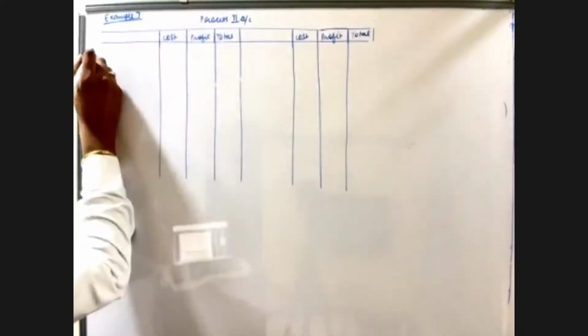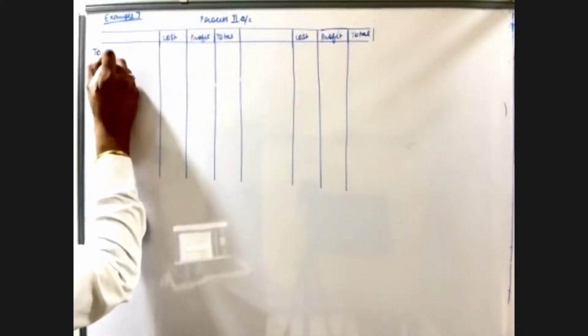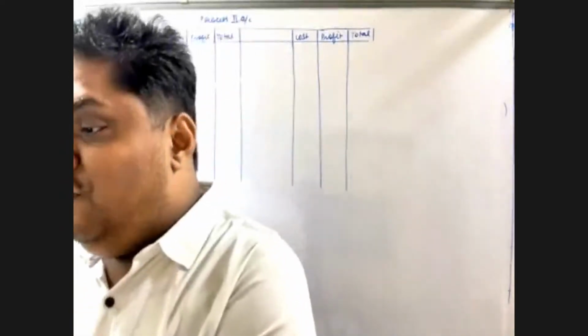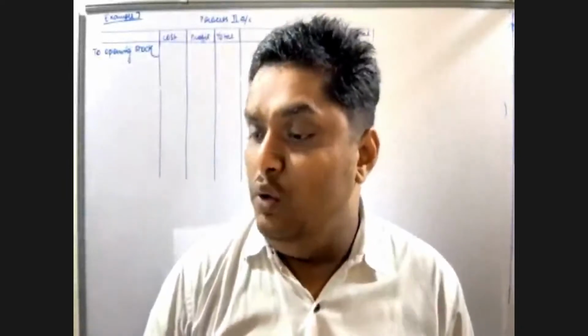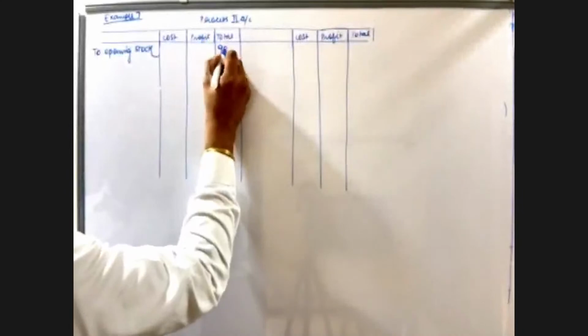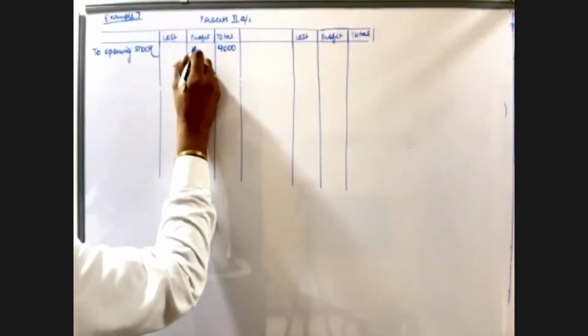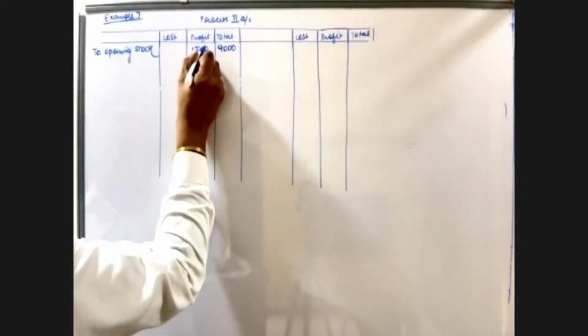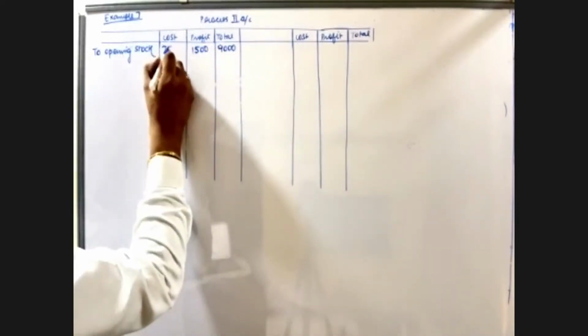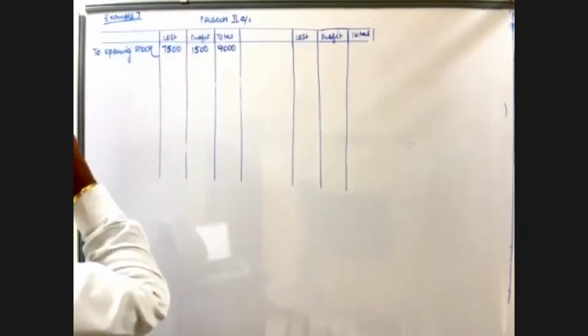We'll first write the opening stock. Sorry, guys. My opening stock of the process is 9,000 and the inter-process profit included in opening stock is 1,500. So 9,000 is my opening stock, 1,500 is my inter-process profit, and 7,500 is the total cost.